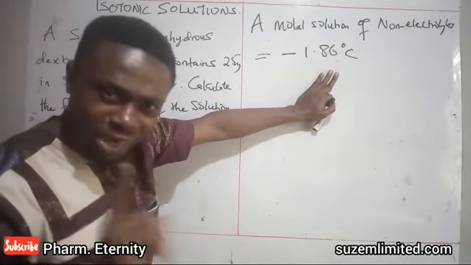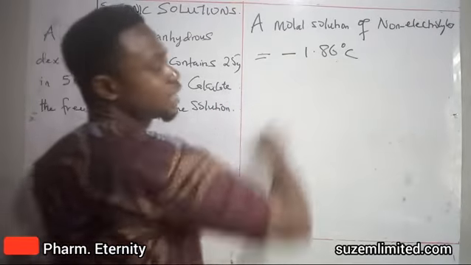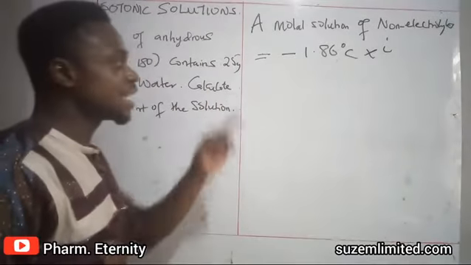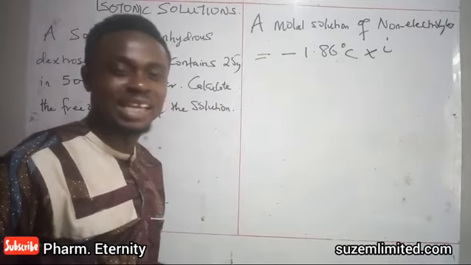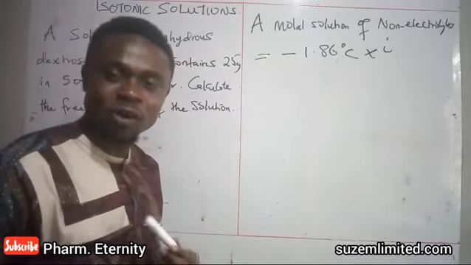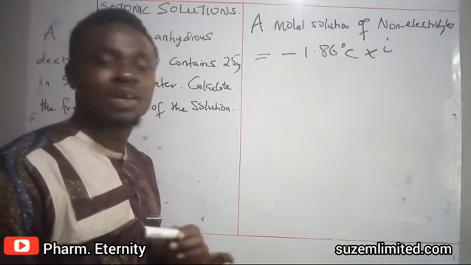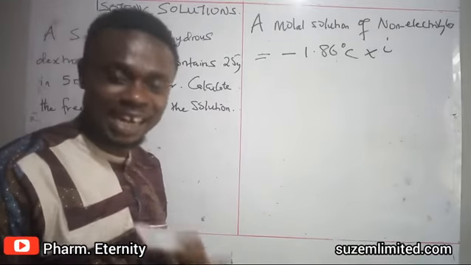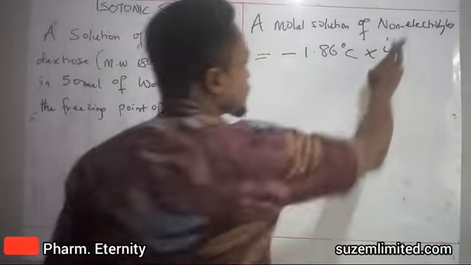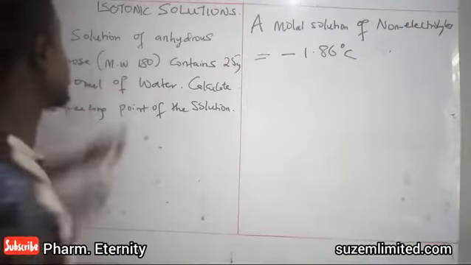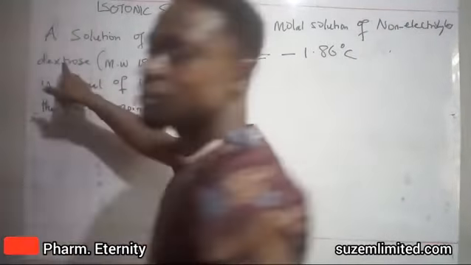But for electrolytes, it's minus 1.86 times what? The dissociation factor, because their dissociation is not negligible. The dissociation factor of electrolytes is not negligible, but that of non-electrolytes is negligible. So based on that, what we have here is anhydrous dextrose.